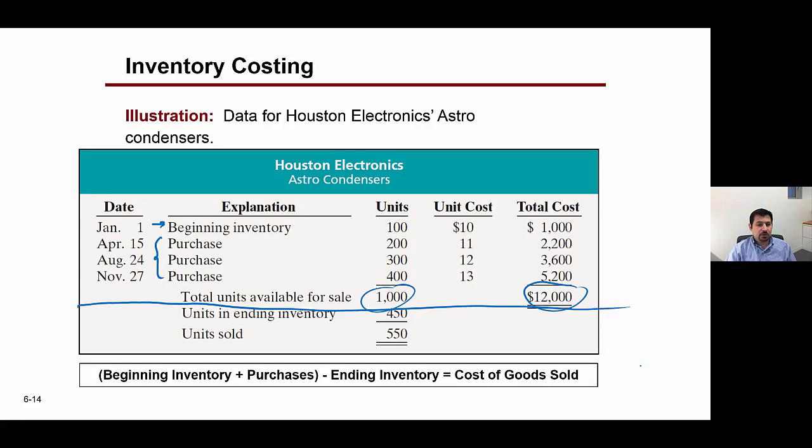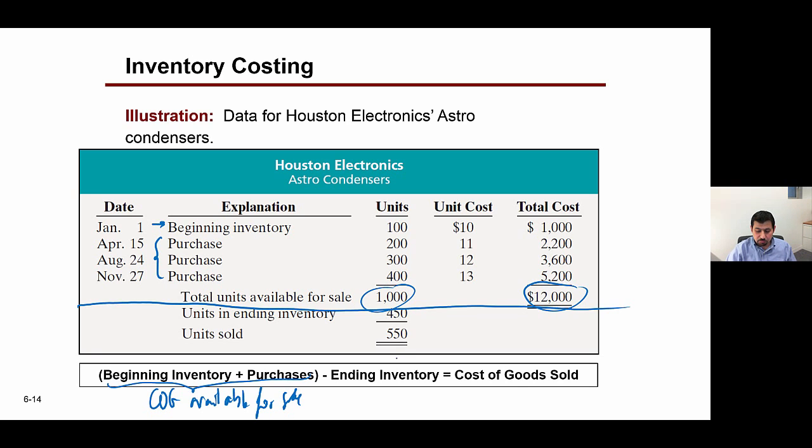This is whatever you have in your inventory, whatever you started with, and then what you purchased during that accounting period. So the beginning inventory plus purchases is also called the cost of goods available for sale.